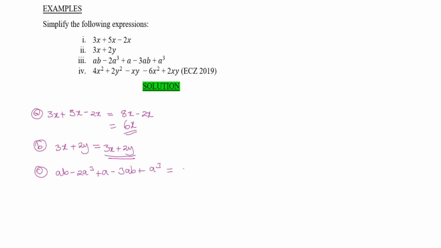We rearrange: this ab here and the minus 3ab, they are like terms, then we get minus 2a cubed, the like term is a cubed, so we'll say minus 2a cubed, and this one is a plus, we get with the sign, so we'll say plus a cubed.